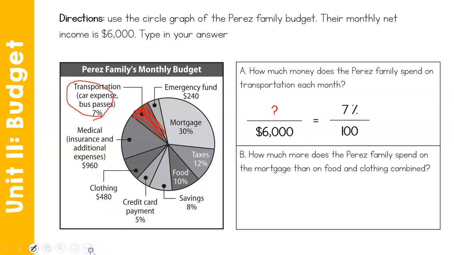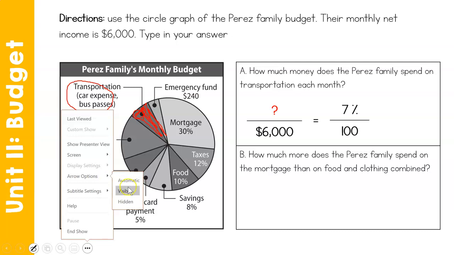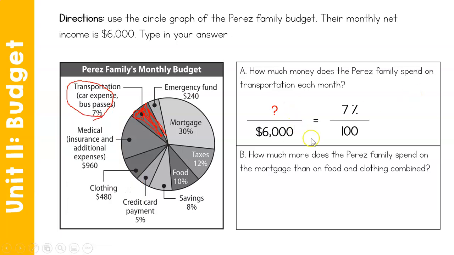That's why we're setting up this proportion. So here, I have my proportion set up. I'm solving for the part. Okay, so I'm going to go from 100 to $6,000, and again, I'm going from a small amount to a big amount, so I know I'm going to multiply. And this one's pretty simple. I'm going to take 100 times 60 to get that 6,000.